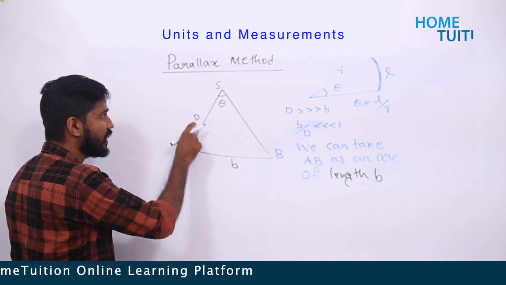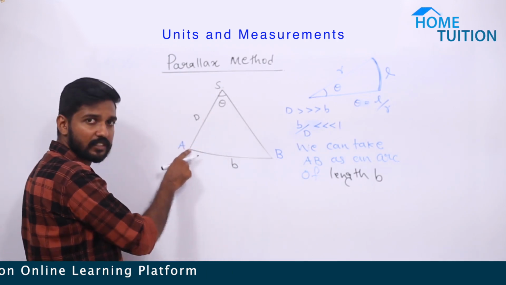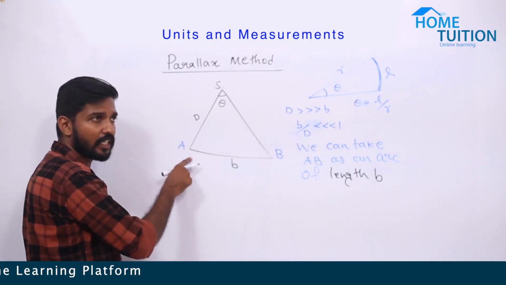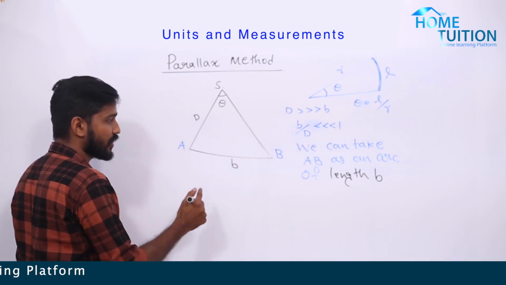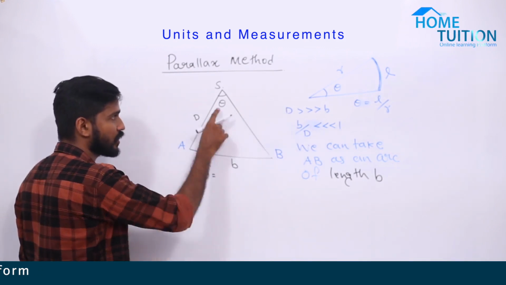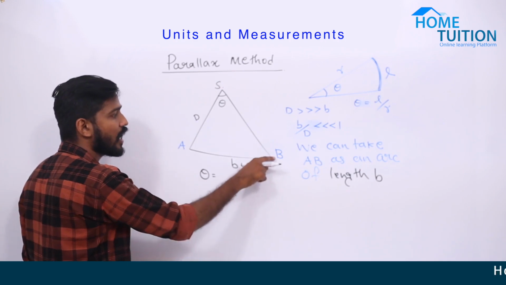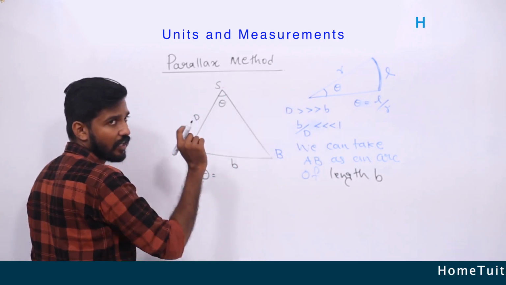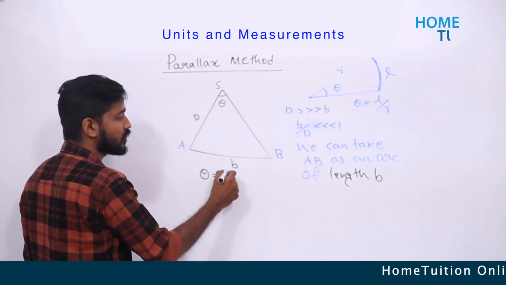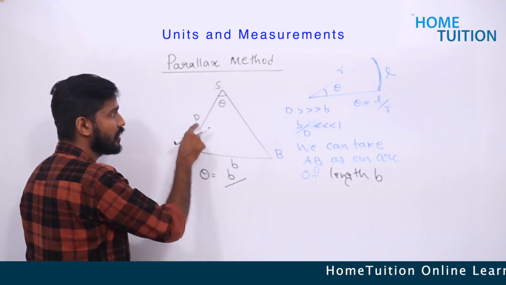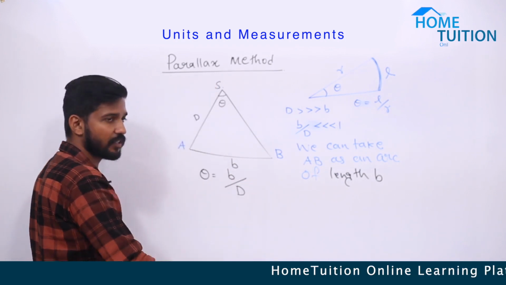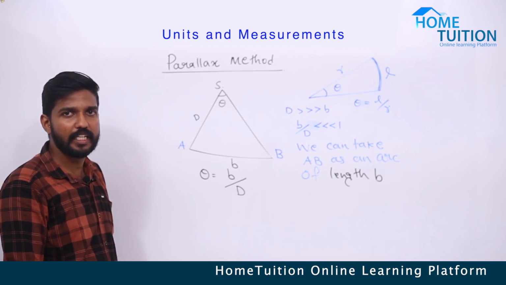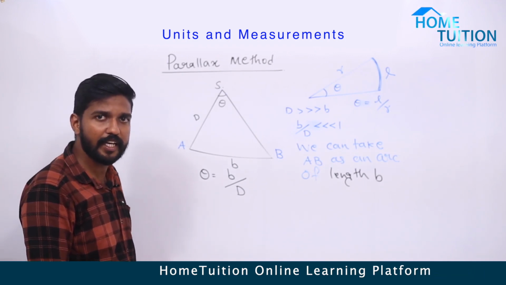D will be the radius and b will be the arc length. So from that equation we can write theta equal to arc length, there it is L, there it is b, by distance D, b by D.